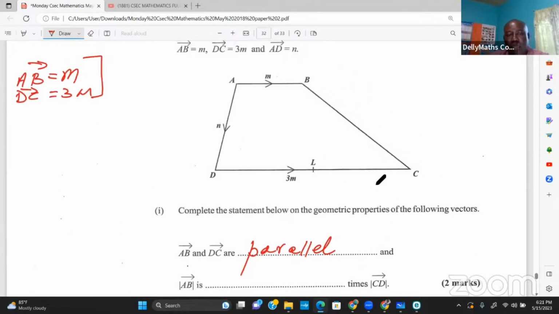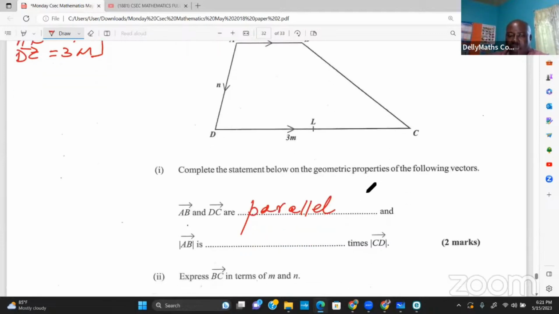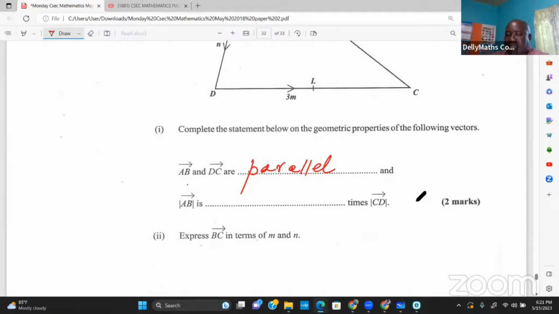They are parallel. Remember, if you can multiply or divide one vector by any number and you get the next vector, that means that they are parallel, right? So you could see that 3 times AB gives me DC, and if I divide DC by 3, I get AB. So they are parallel vectors. So we're completing the sentence.